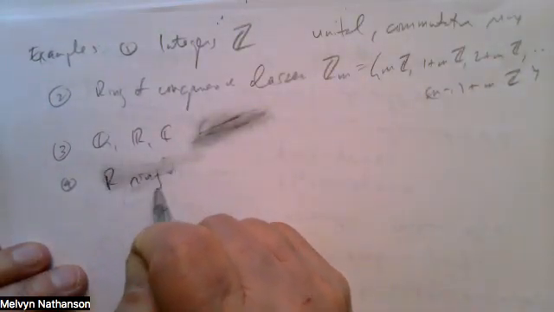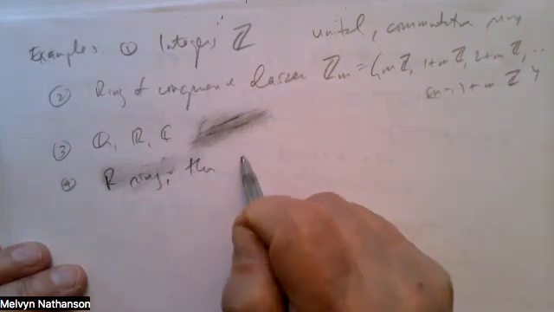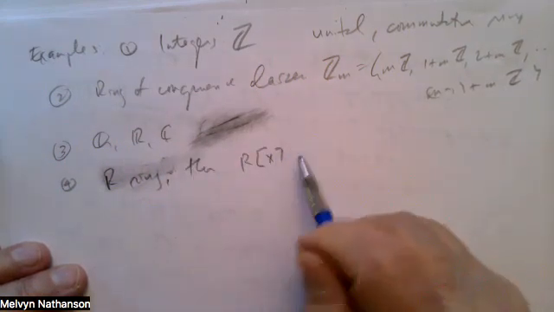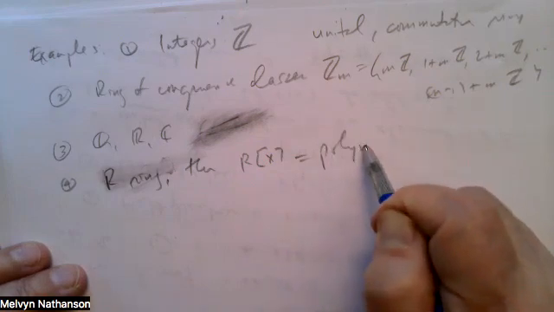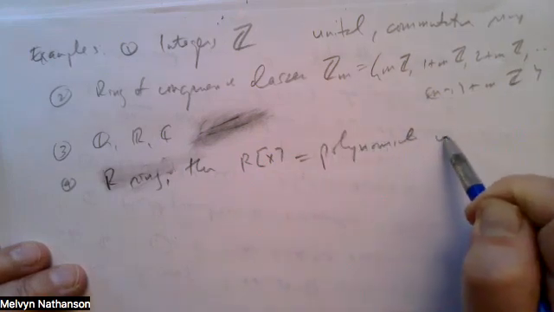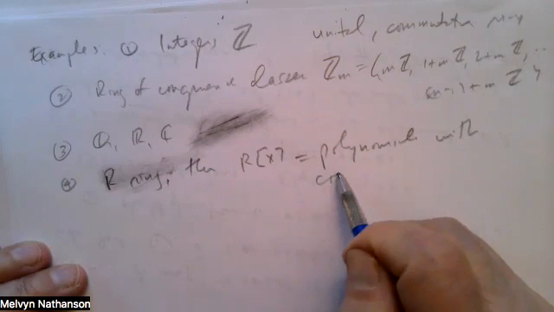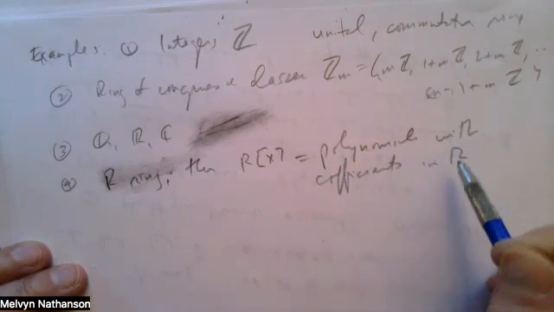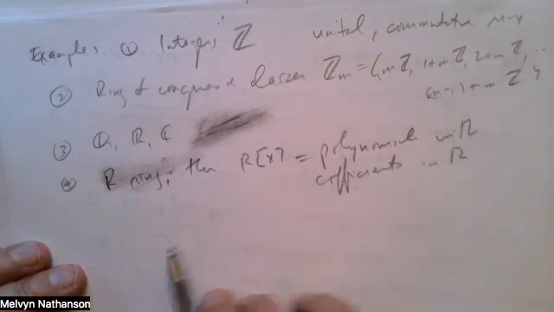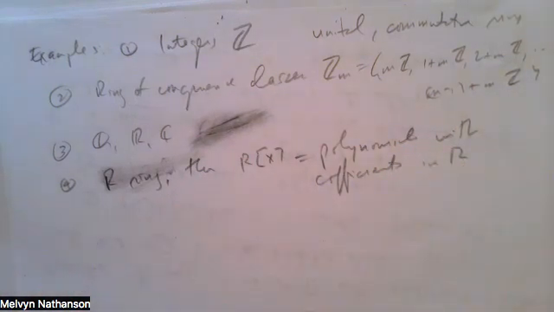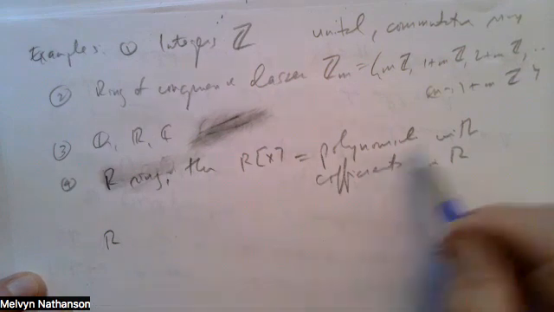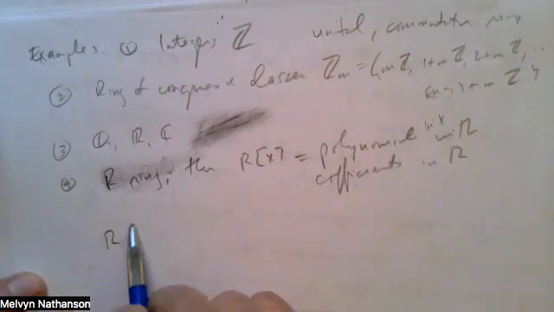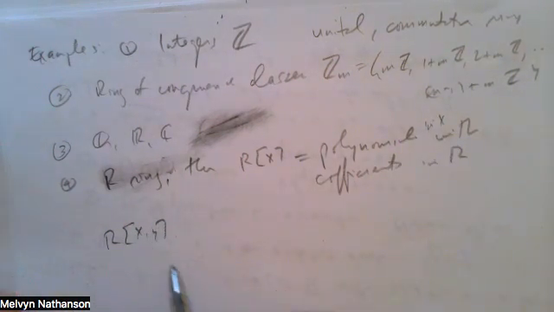If R is any ring, then R[x], which is the set of all polynomials with coefficients in R, is a unital commutative ring with the usual addition and multiplication for polynomials. In fact, so this is polynomials in x. You can also look at polynomials in two variables.